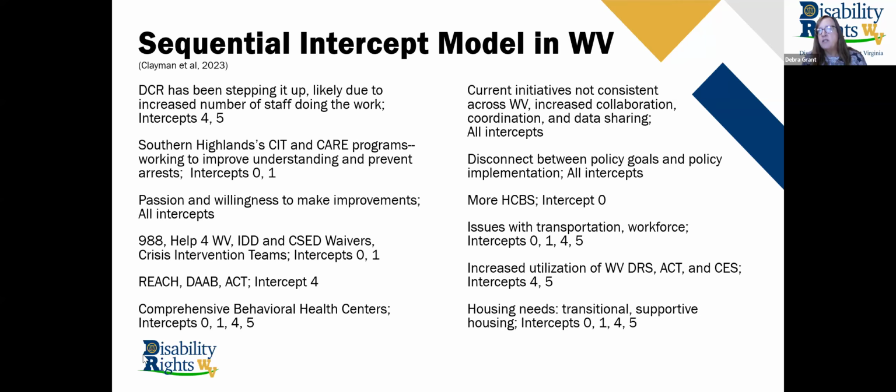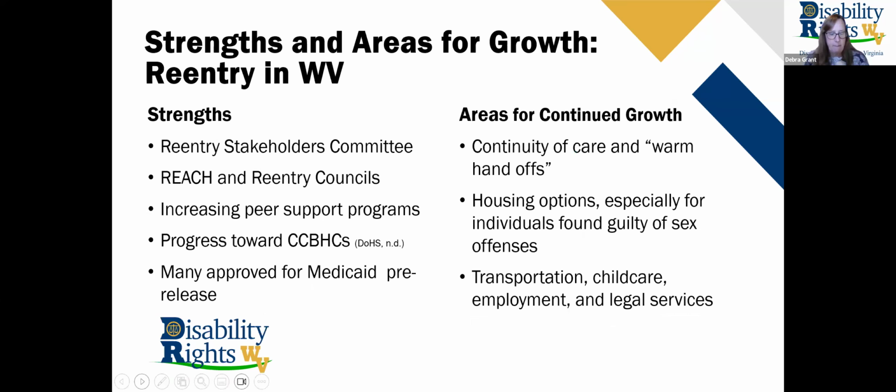Alrighty, so we're going to start talking about reentry planning. This is a similar slide to the last one we looked at, and a lot of it is kind of repetitive, unfortunately, because the things that are not necessarily happening on the sequential intercept model are some of the same barriers that happen in the reentry part of the world.